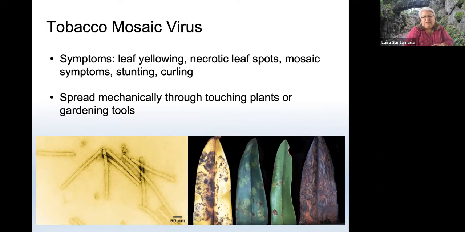And this is one of the viruses that we can move mechanically. They can be on our hands if we touch infected plants, so we can be the vector. So we need to be careful with all these virus diseases, because we can move them on our hands too. And if there's some opening in the plants or cut plants, we can move the virus to the plants.